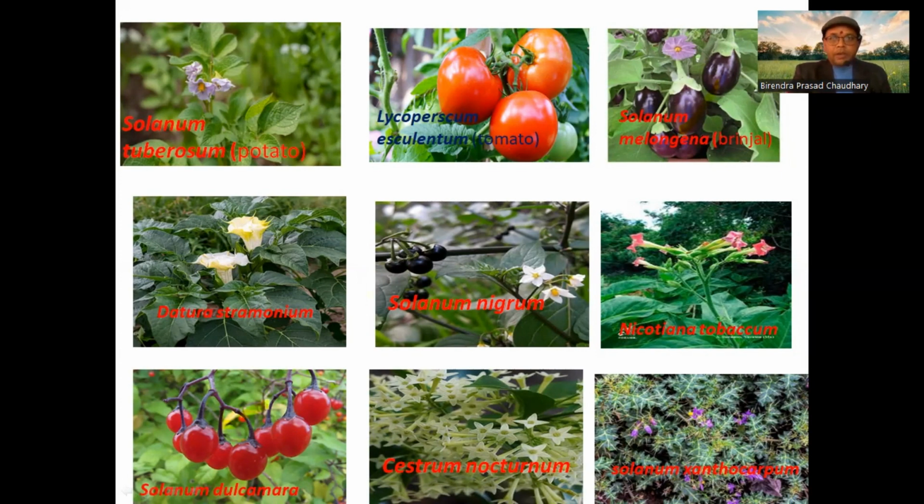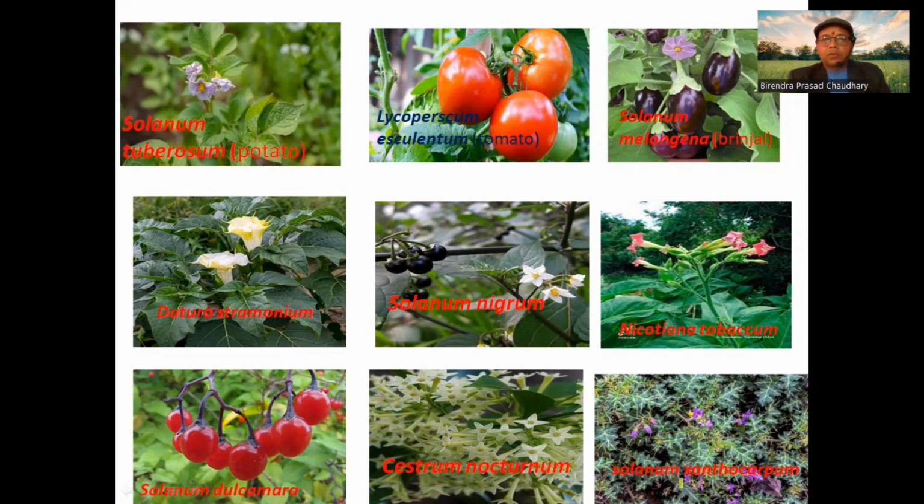This is Solanum dulcamara, also an important plant of this family, generally used for medicinal purposes. Cestrum nocturnum is a decorative plant, generally used for decoration. In the same way, Solanum xanthocarpum is a plant with a spiny stem and leaves.